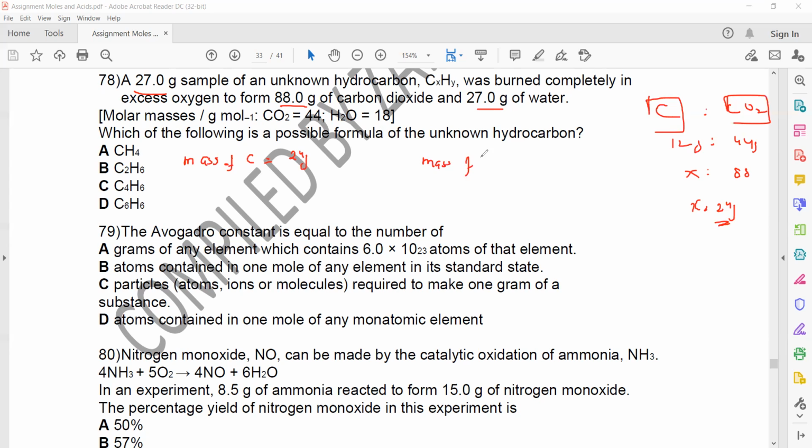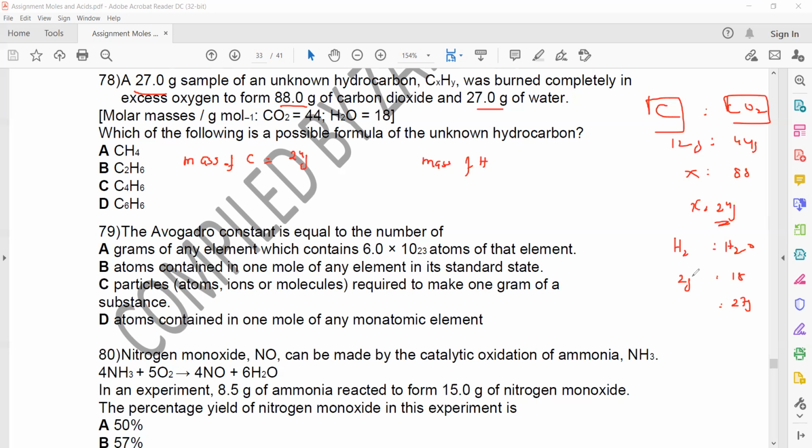And what about the mass of hydrogen? The ratio between hydrogen and water, the ratio of the mass, is 2 to 18. So if we have 27 grams of this, how much is there?